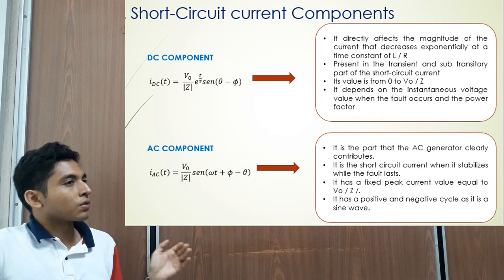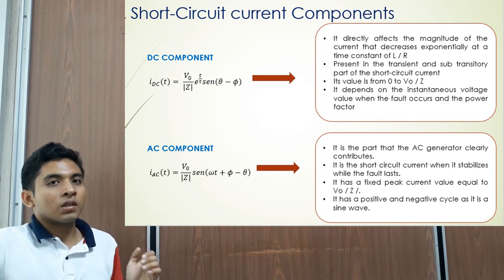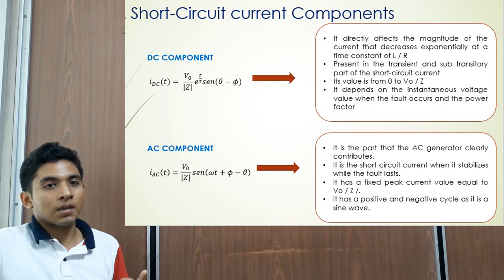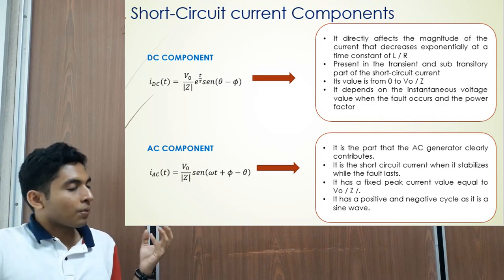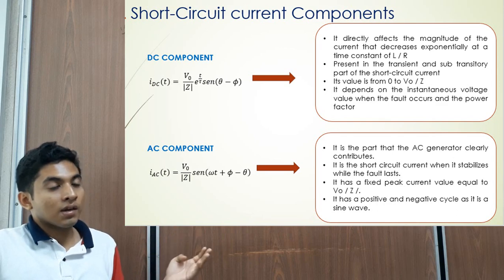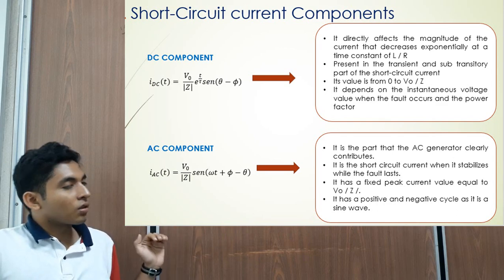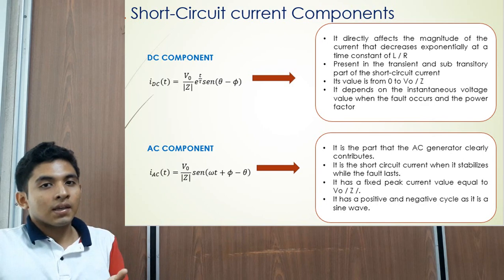This value goes from zero to the initial condition of voltage divided by impedance. And the AC component is the contribution of the AC generator, and it is the short circuit current when the fault stabilizes.